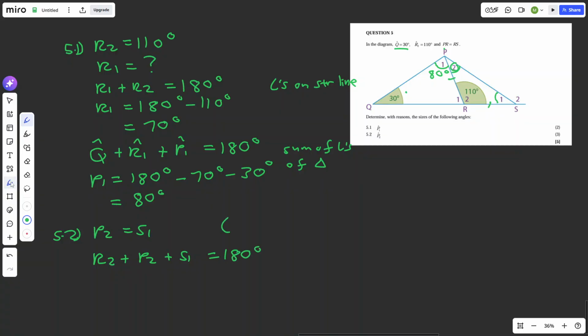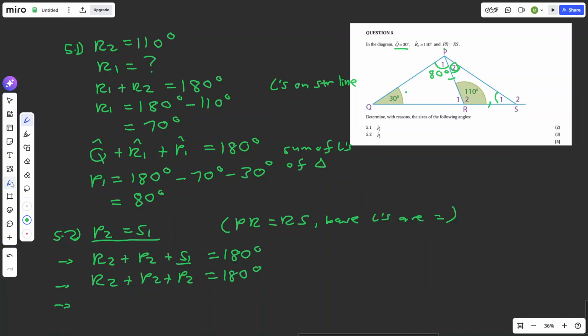Here we'll say the reasoning: PR is equal to RS, so base angles are equal. Now in the next step, we can replace S1 with P2. So we'll have R2 plus P2 plus P2, given that P2 is equal to S1.